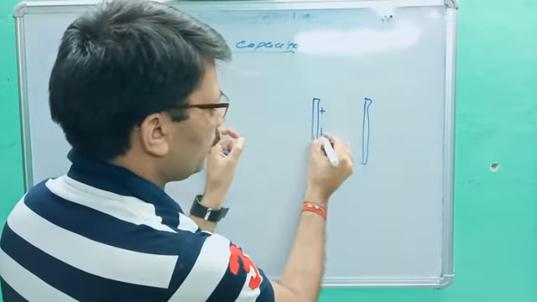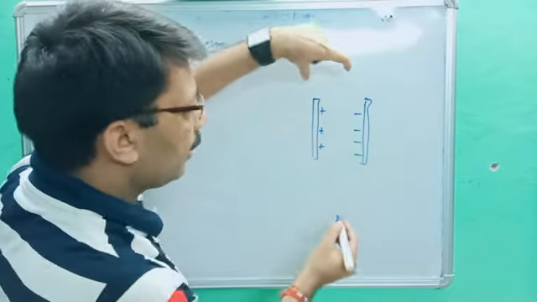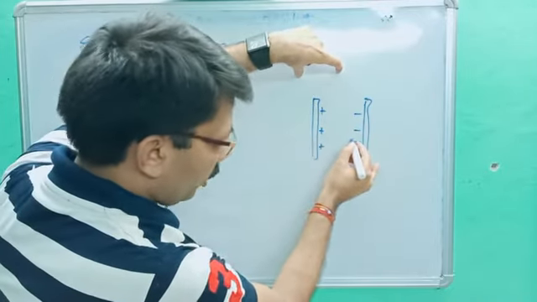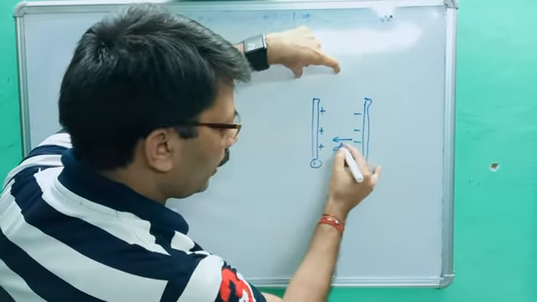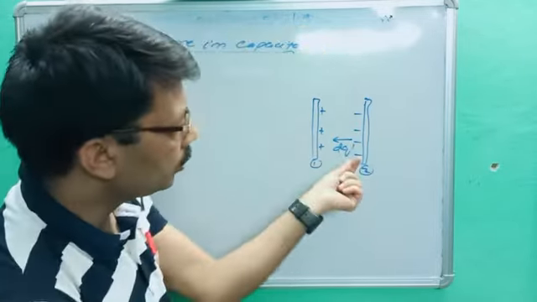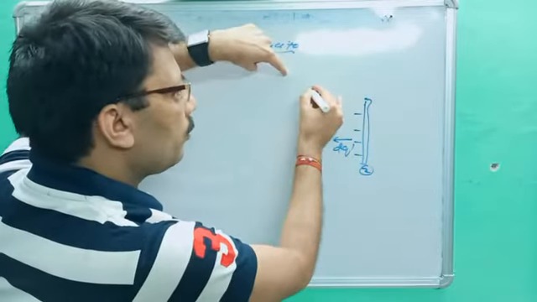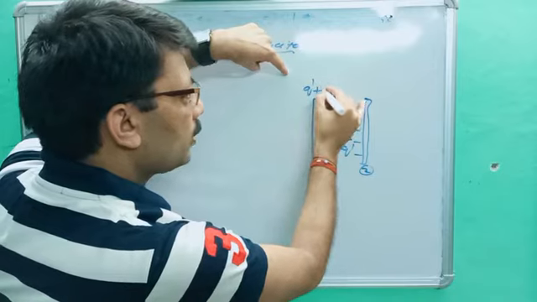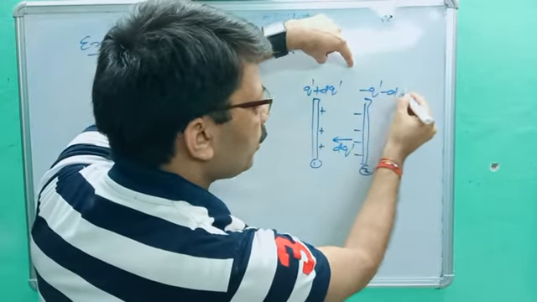One plate is positive and the other plate is negative. This happens when charge transfers from plate 2 to plate 1, and that charge is dq'. When dq' is transferred from one plate to another, it becomes q' plus dq', and the other becomes minus q' minus dq'.